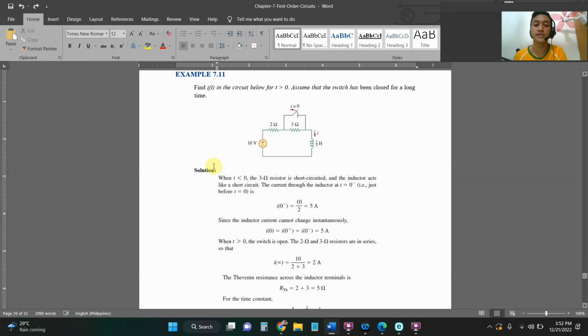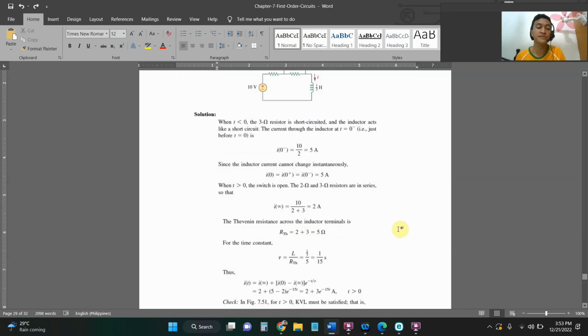When time is greater than 0, the switch is open. The 2 ohms and 3 ohms are now in series, so we can solve for i equals 10 divided by 5, resulting in 2 amperes.